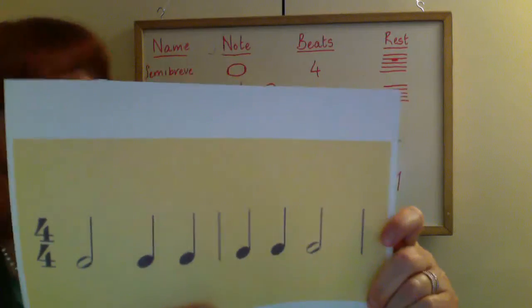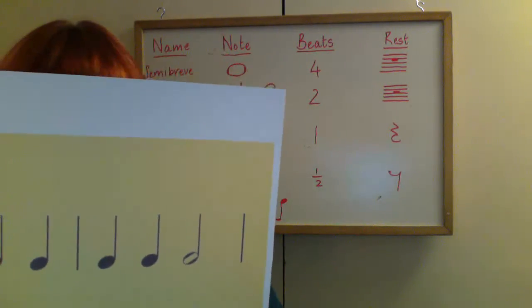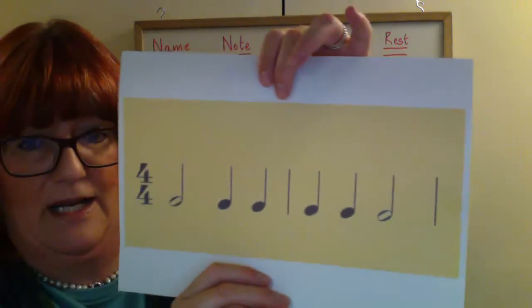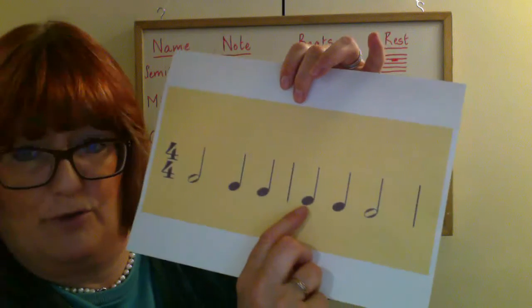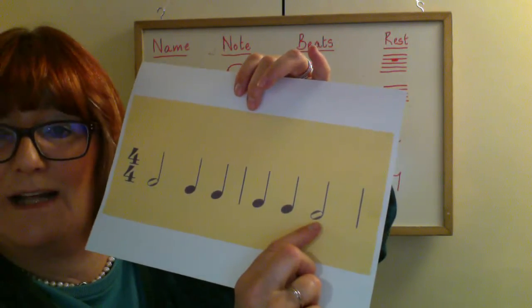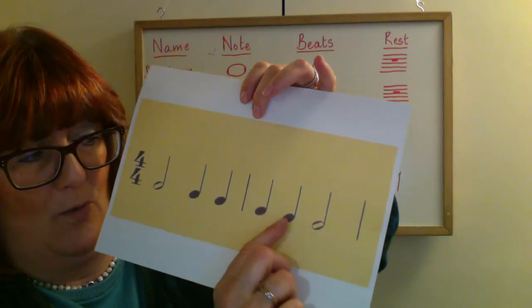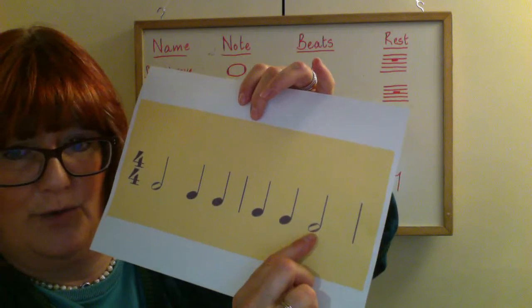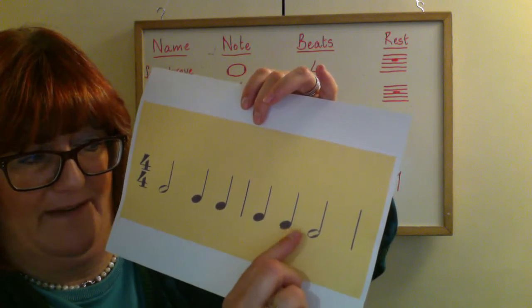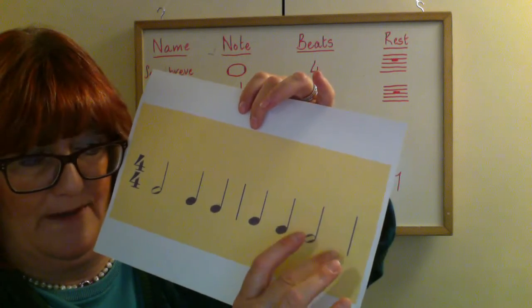Okay. Now, in the next bar, it goes the opposite way round. Can you see? It goes crotchet beat, minim beat. So we've got 1, 1, 2. First beat, second beat, third and fourth beat, because there's 2 in that one.